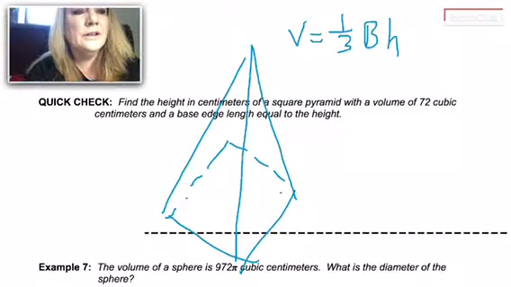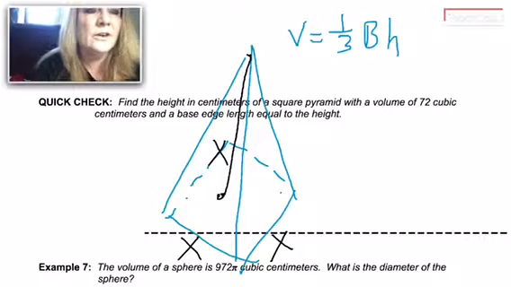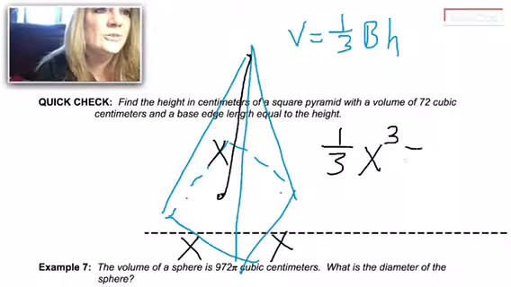Okay, so that's not too bad. This is x, and this is x, and the height is x, because they're all equal.